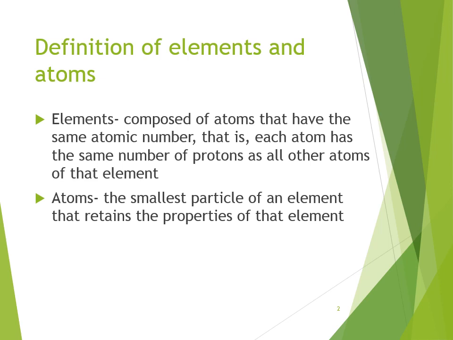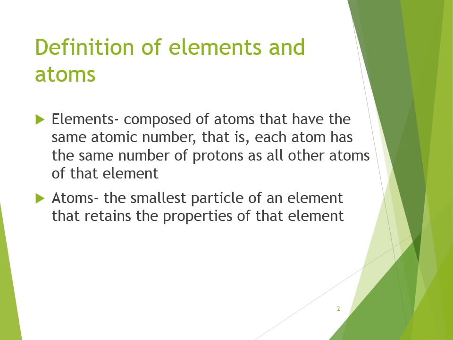Elements are composed of atoms, and all the atoms have the same atomic number, which is the number of protons of all other atoms of that element. Now I know that is a confusing definition. When we looked at the definition of elements in Chapter 1, we said that it was the smallest unit that could not be broken down any further by chemical means.